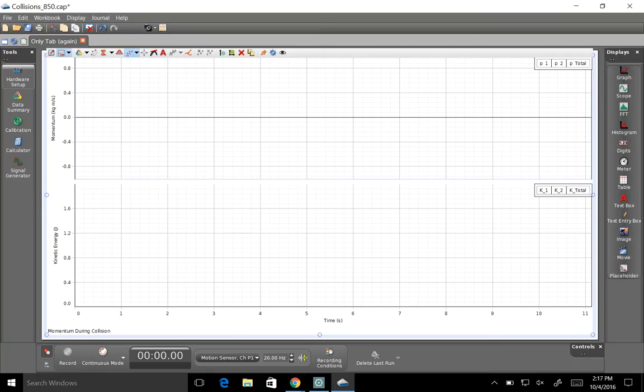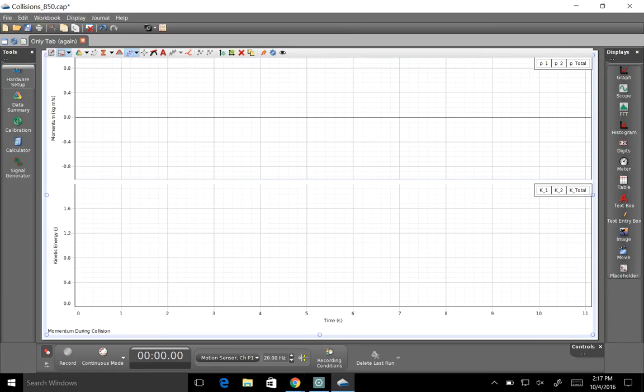Okay, another thing on this is how do you enter the masses? Once you've measured the mass of everything, you're going to put the carts on. It says to label the carts cart 1 and cart 2. And how do you know which one's cart 1 and cart 2? The answer is not super intuitive.